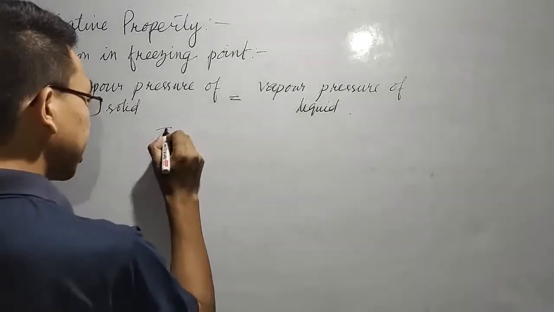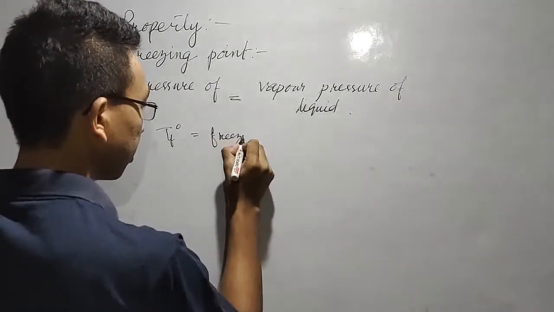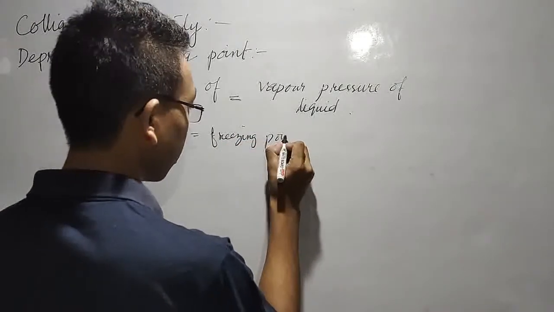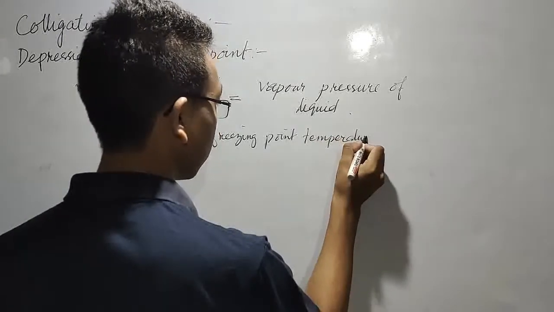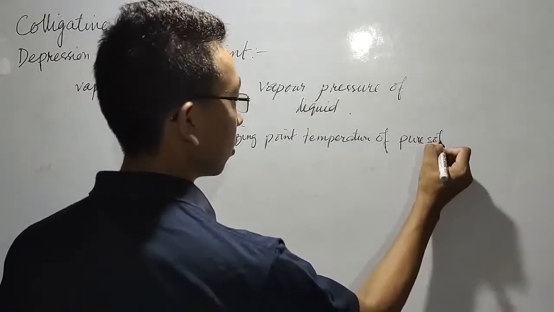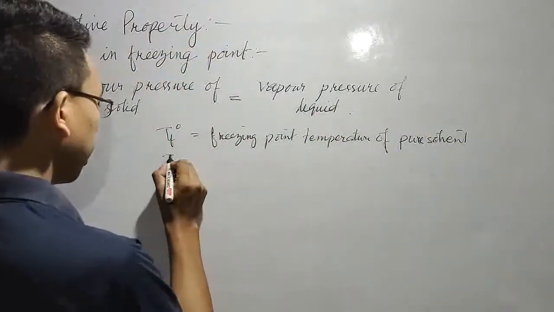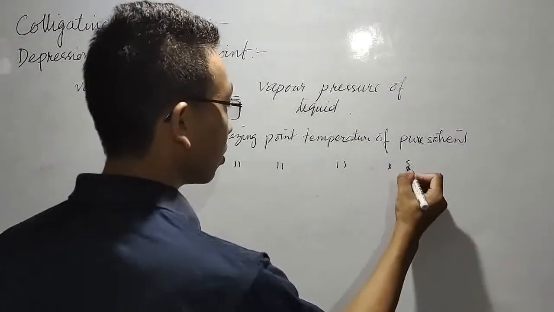So let us take TF degree as the freezing point temperature of the pure solvent, and TF be the freezing point temperature of the solution.